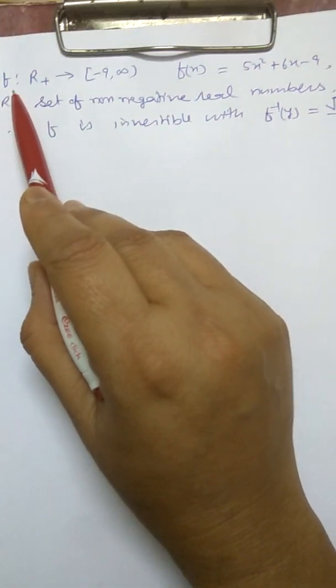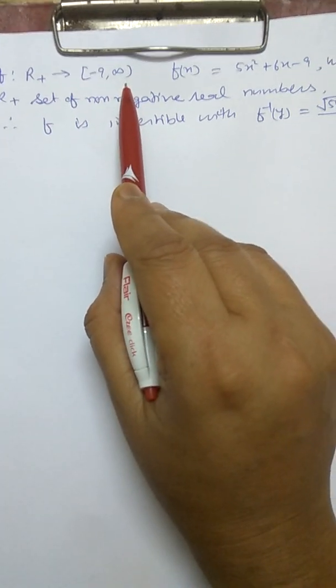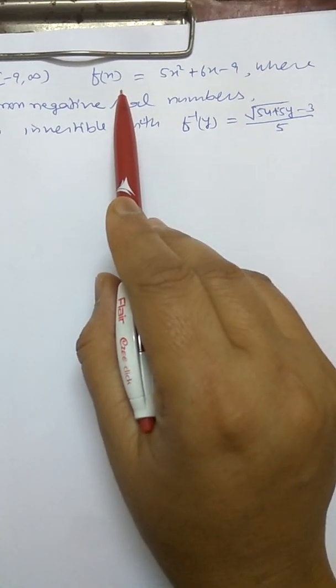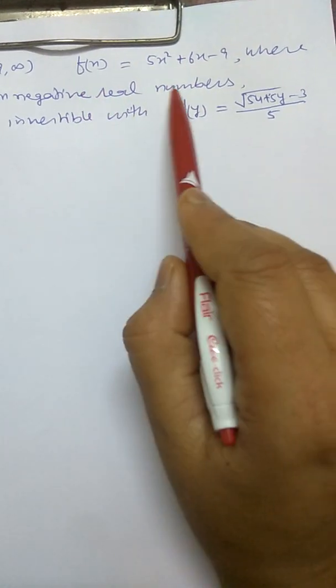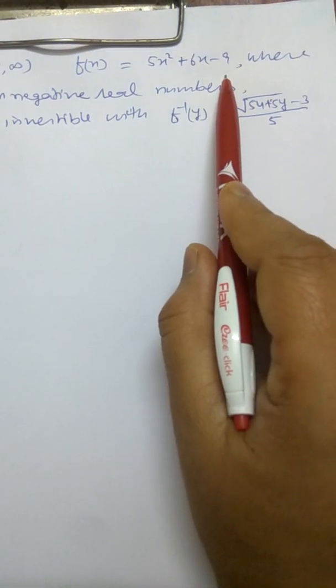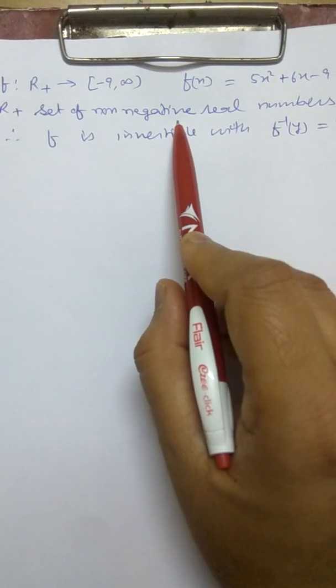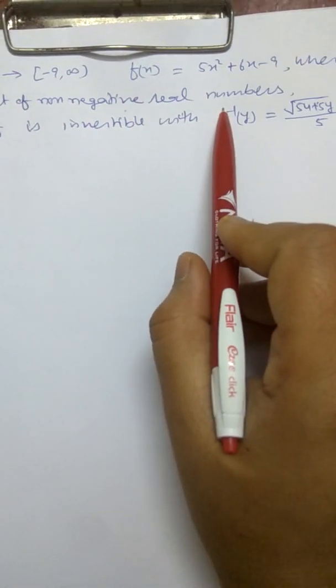The first one: the statement is f is a function from R positive to [-9, infinity) defined by f(x) = 5x² + 6x - 9, where R positive is the set of non-negative real numbers.